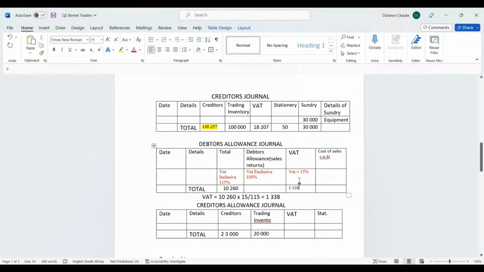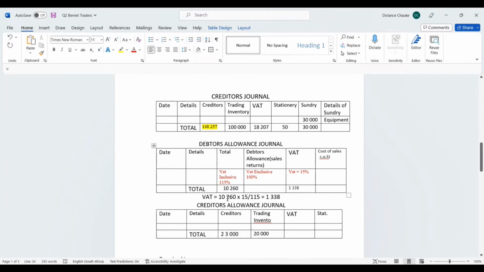And in order for us to get our debtors allowances or sales returns, we can just say 10,260 minus VAT. We will get this one.